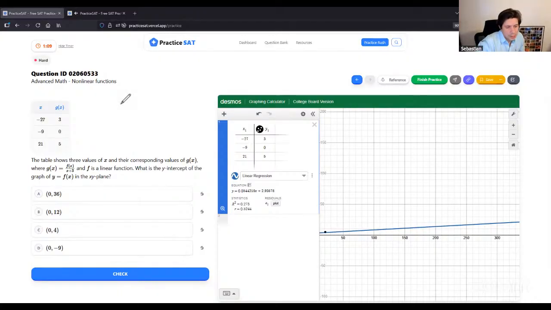So you got A for this. Okay. The y-intercept of the graph of y equals f of x. So f of x is the top, and we're dividing by x plus 3. Okay. So when negative 9 is plugged in, it equals 0. Interesting.